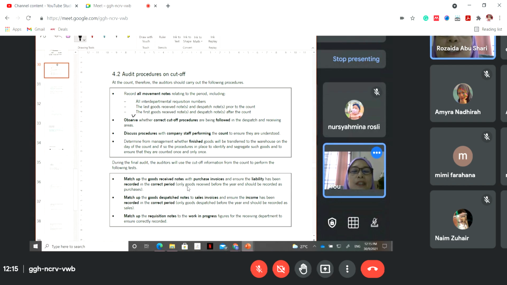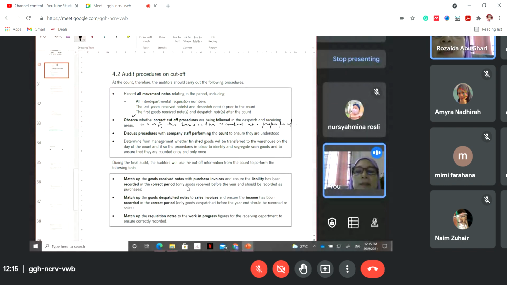Correct cut-off procedures are being followed in the dispatch and receiving areas. These are the activities or the evidence you want to gather, to verify the transactions are recorded in the proper period. So that's how you write your audit procedure.